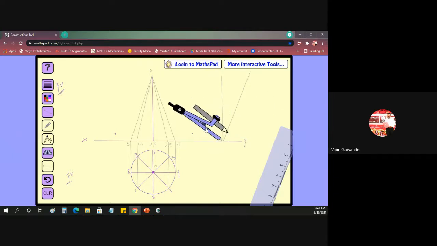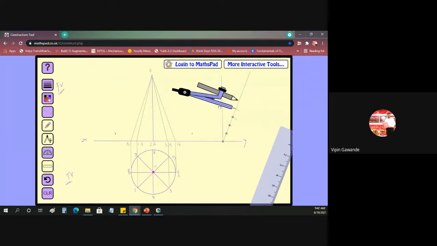Okay. So let me again reduce the distance. This is 1. Then this one is 2. Then this one is 3. Then this one is 4.